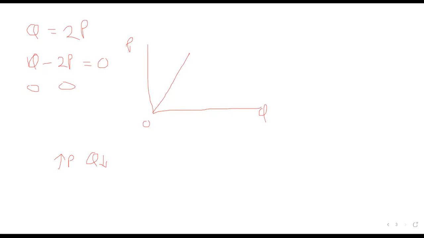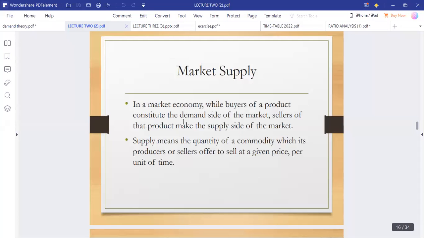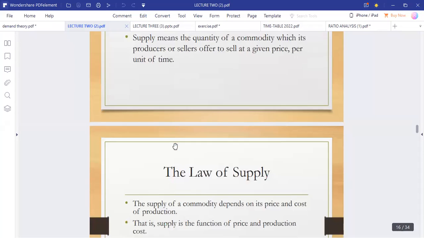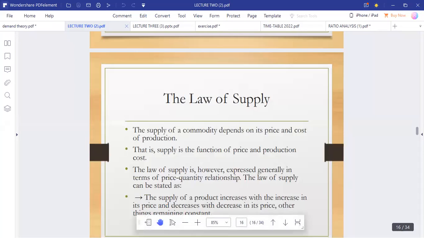The higher the price, the higher the quantity supplied. For supply, you need to understand that producers are more willing to supply at a higher price. So the supply is simply the quantity or commodity which producers are willing and able to offer at a particular price. So the law of supply simply states that the higher the price, the higher the quantity supplied. So supply is always upsloping.